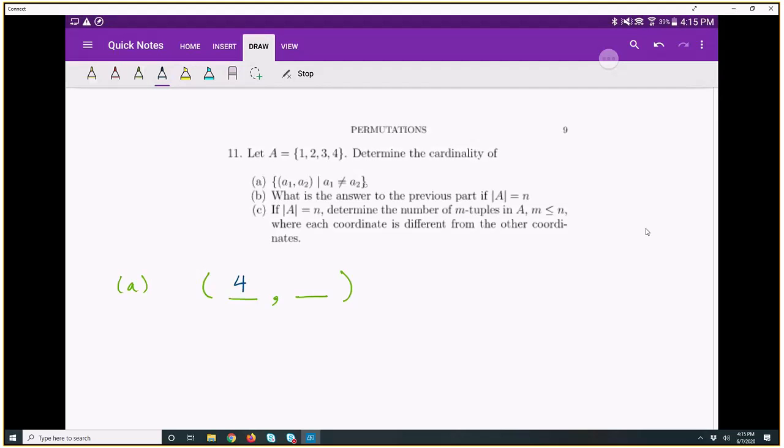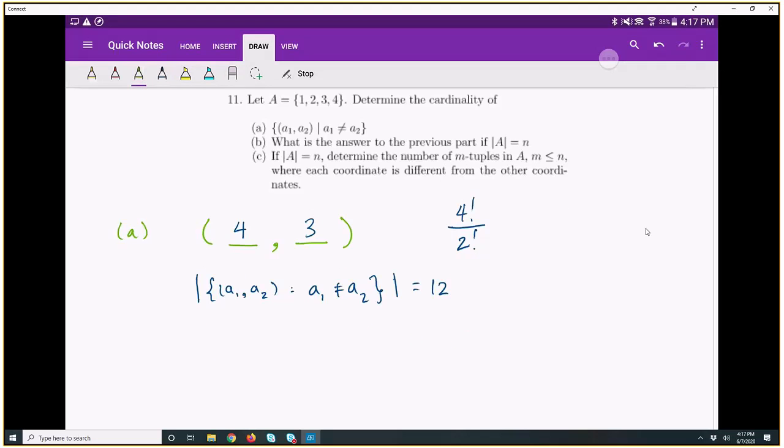For the second one, I know that it's not going to be equal to the first one, so I have only 3 choices. So this is 12. The cardinality of the set is 12. Which is 4 factorial divided by 2 factorial.